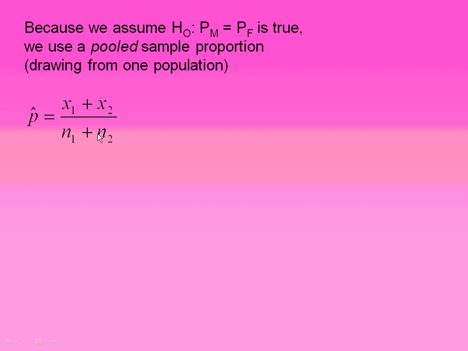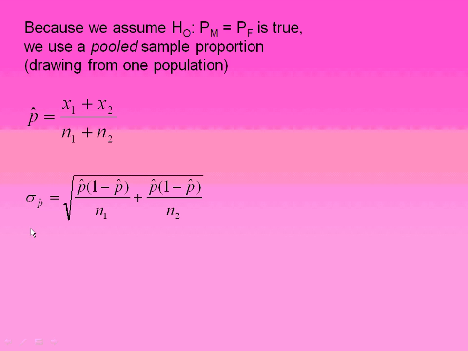So we would have to calculate a pooled p hat, and that's just taking your number of accidents for males plus number of accidents for females divided by the total sample size added up. We use that pooled sample proportion in our standard deviation.